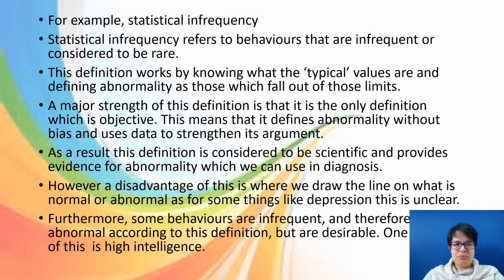And then the last point is that some behaviours are infrequent and therefore abnormal according to this definition, but are desirable. One example of this is high intelligence. This is a unique point to statistical infrequency in that we are essentially defining things as abnormal through, does it occur lots or does it not occur very much?